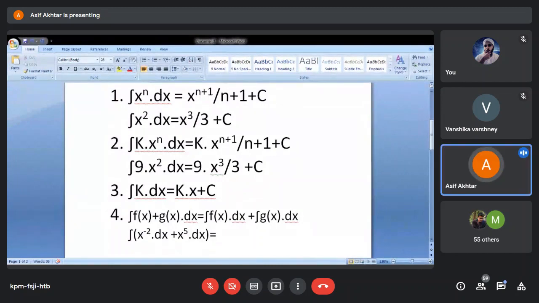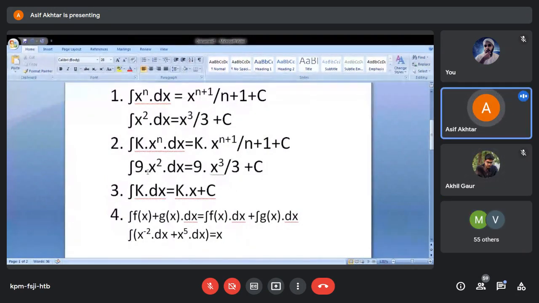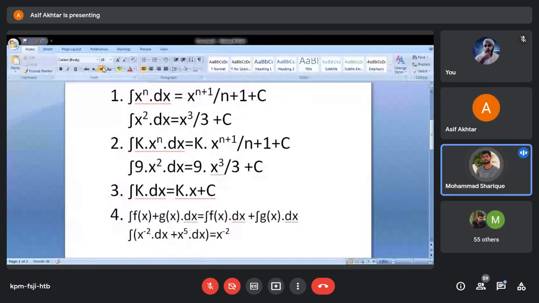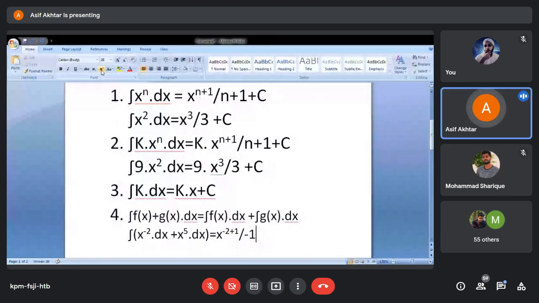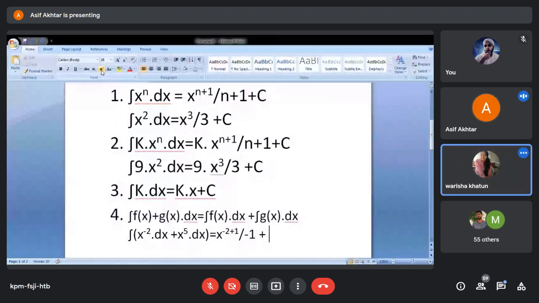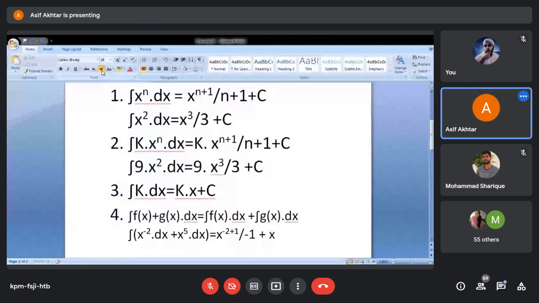So what is the final answer then? What is the answer of this? x raised to the power minus 2, the integration, plus x to the power 5. So we have x to the power minus 2 plus 1 upon minus 2 plus 1, plus x to the power 5 plus 1 upon 5 plus 1, which is x to the power 6 divided by 6.